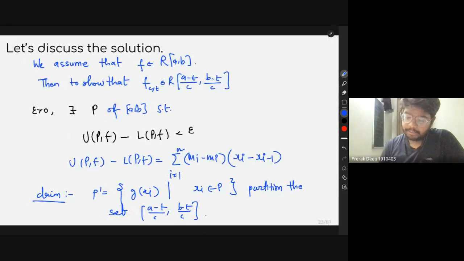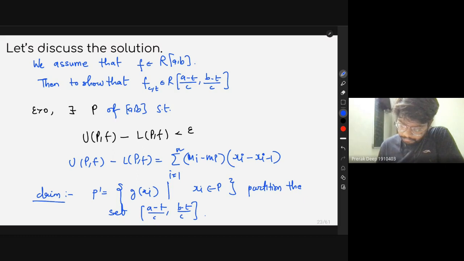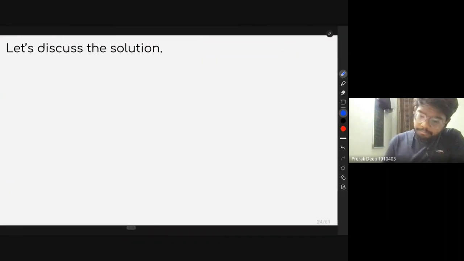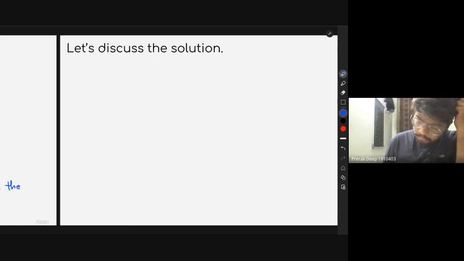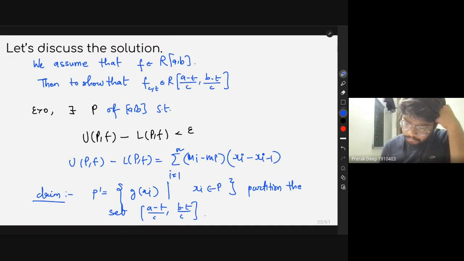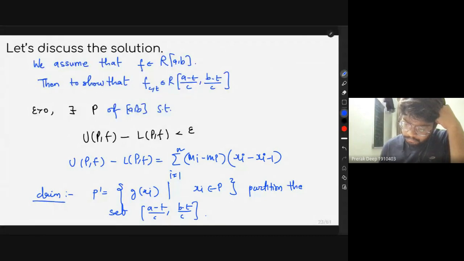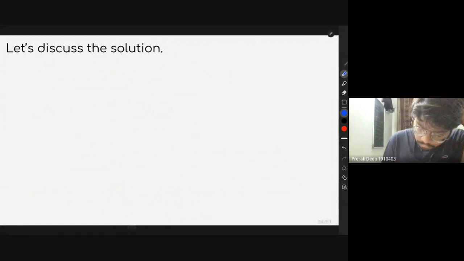So we say that this partition the set. So it will be nothing but c times xi plus t minus c times xi plus 1 plus t.